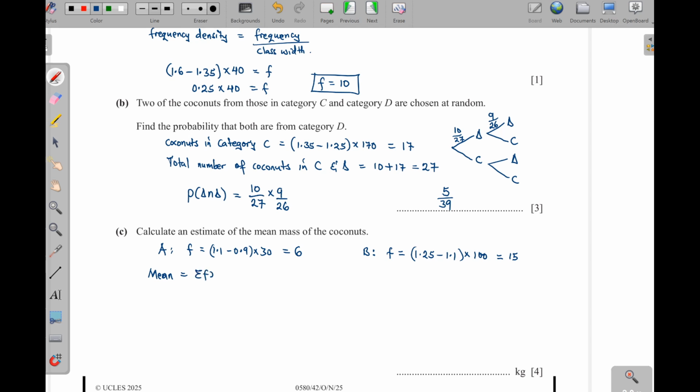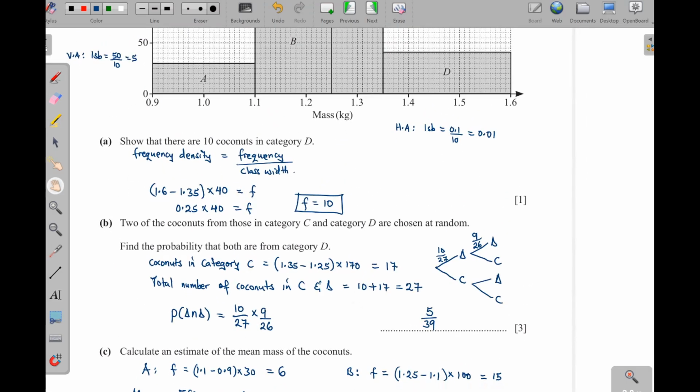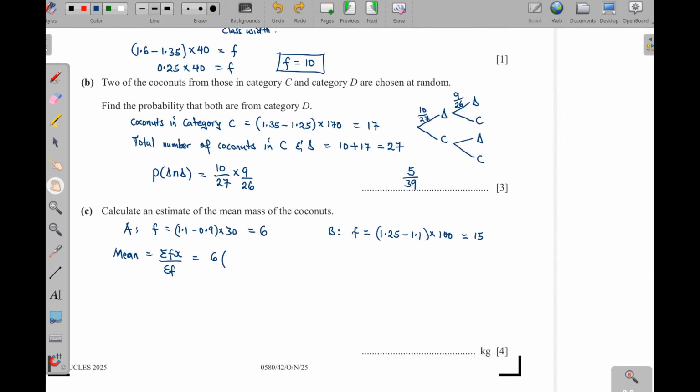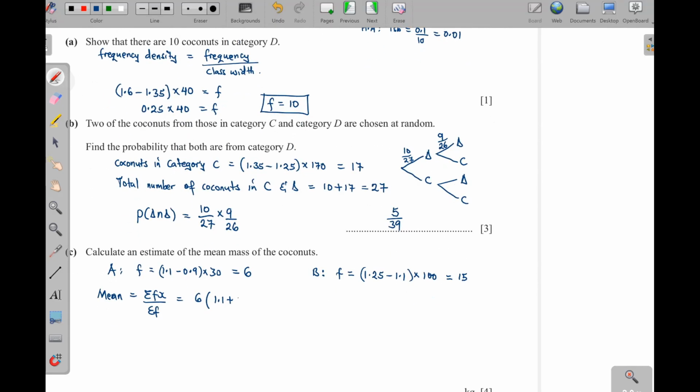Okay. Now, mean is equal to summation of fx out of summation of f. Now, we shall have our f, the first one here for A is a 6, then times what will be the x, the mean value. You get this plus this, divide by 2. Are we there? So 1.1, then plus what? 0.9, then divide by 2.